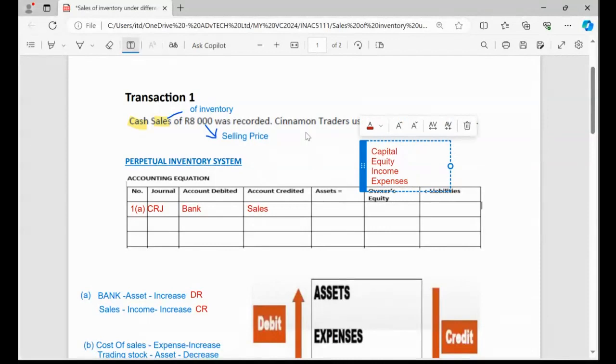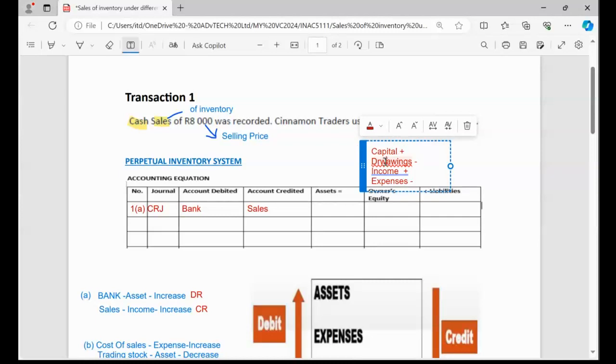Expenses will affect owner's equity negatively when they increase, and incomes, when they increase, will affect owner's equity positively. Here I was supposed to write drawings, not equity, sorry, I made a mistake. Drawings will affect it negatively, and capital will always affect it positively.